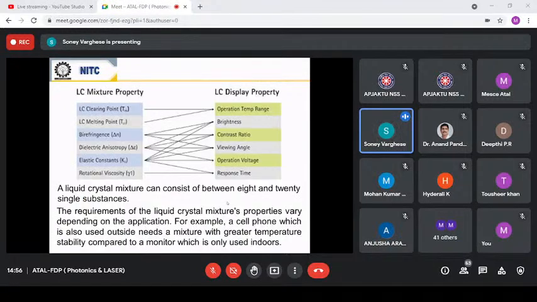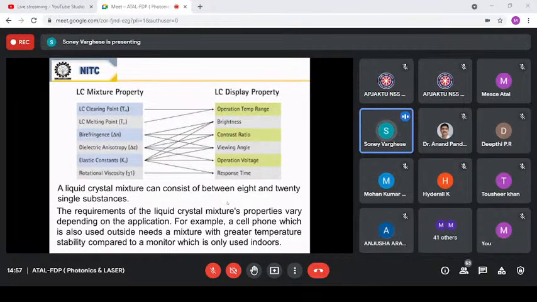Because of that, a single liquid crystal cannot be used, because it's very difficult to achieve the liquid crystal properties as mentioned here. So we have to go for a mixture of liquid crystals, right? It's something like a perfume. If you take a perfume, it's not a single molecule. It contains multiple types of fragrance, right?